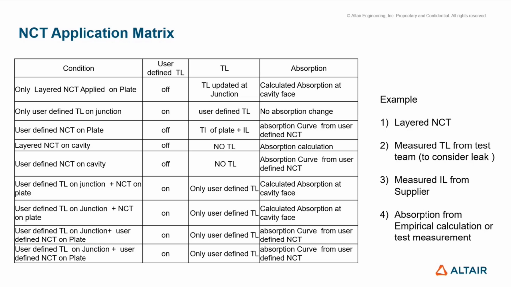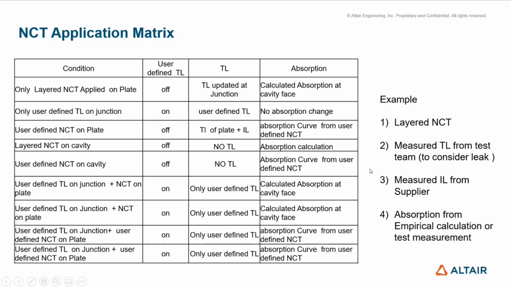As an example, there are 4 examples here. For example, the user wants to do a layered NCT, or apply only measured TL from the test to consider a leak and calculate the absorption, or he just wants to apply insertion loss rather than transmission loss from a supplier, that is, the effect of only the sound package.